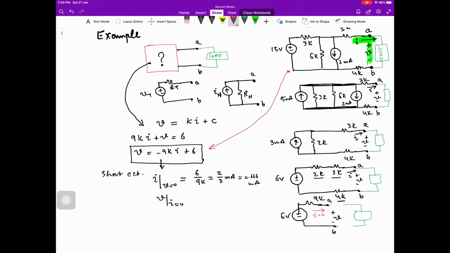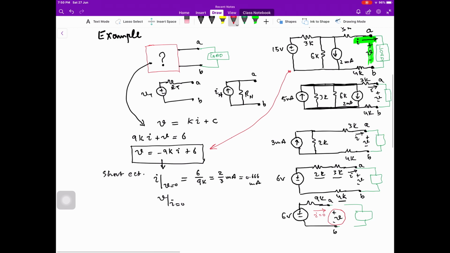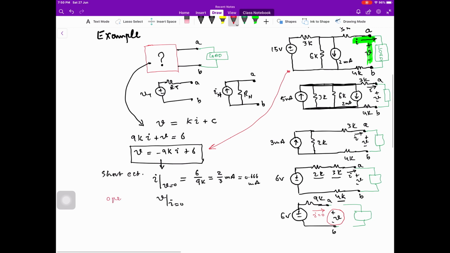This is the open circuit condition, and the voltage under this condition is known as open circuit voltage. From this equation, substitute I equal to 0, and V open circuit is equal to 6 volt. And I short circuit was 2 by 3 milliampere.